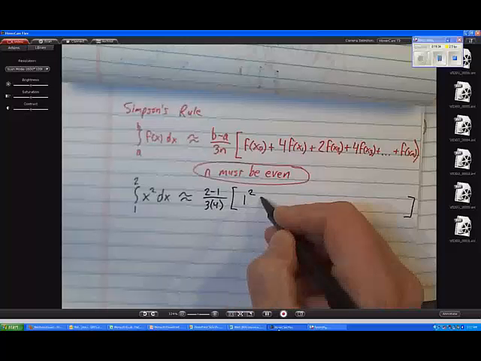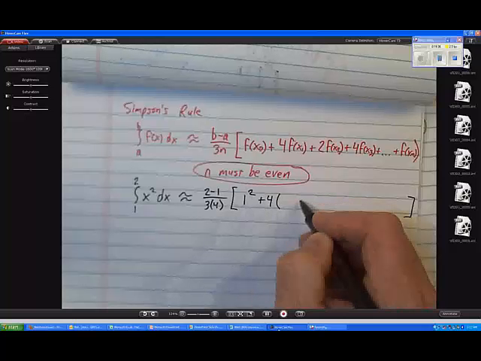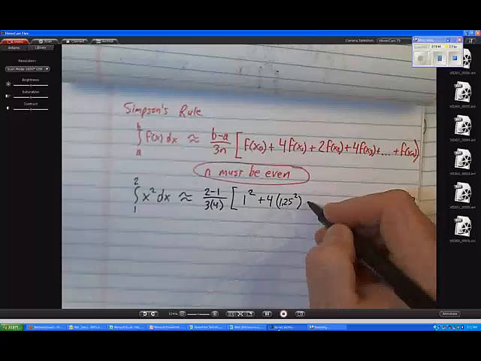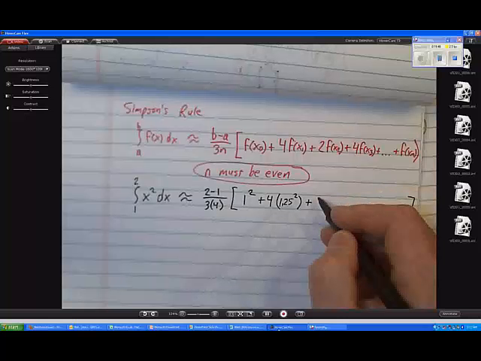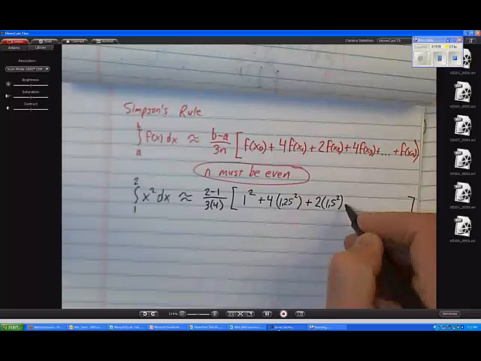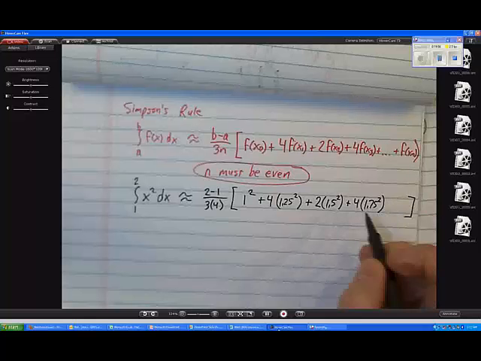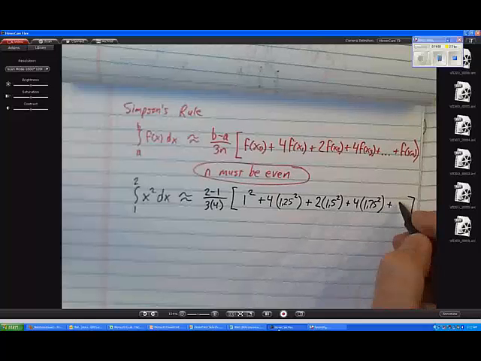Plus 4 times what? 1.25 squared. What comes next? There it is. And then 4 times 1.75 squared. And then, so 2 squared, which is 4.